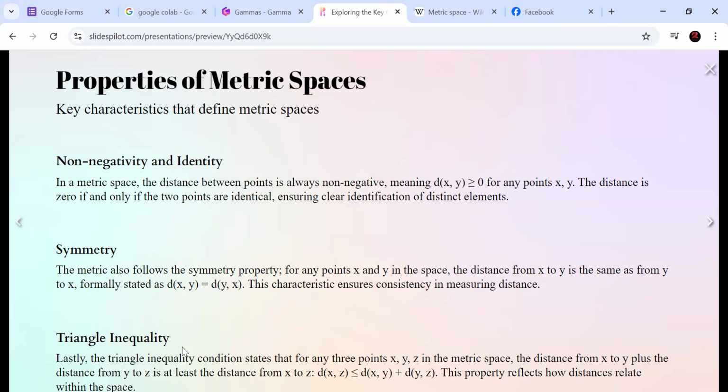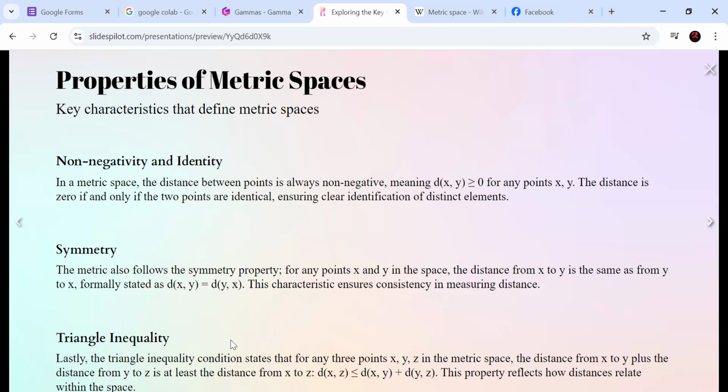So the third is triangular inequality. The triangular inequality condition states that for three points x, y, and z in the metric space, the distance from x to y plus the distance from y to z is at least the distance from x to z.